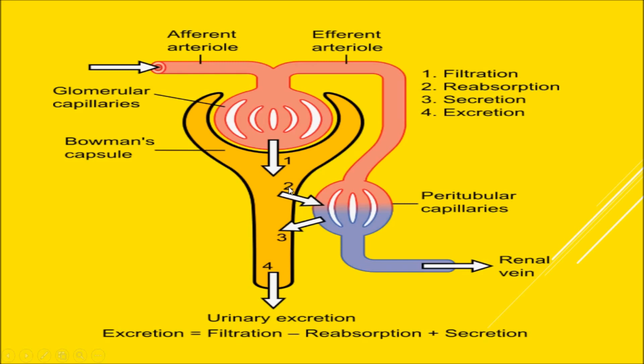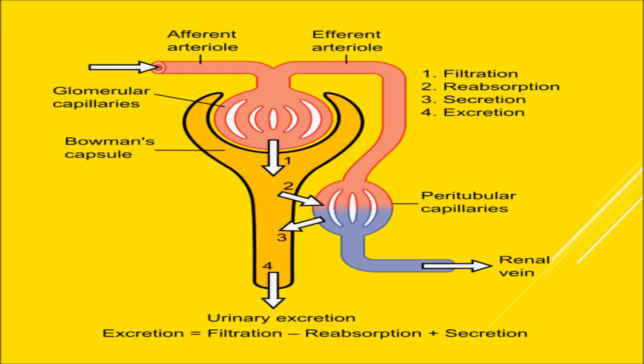In this, the glomerular filtrate, the ultrafiltration product, passes through the renal tubule, where selective reabsorption of useful substances takes place from the renal tubule to the blood in the peritubular capillaries. This is peritubular capillaries.